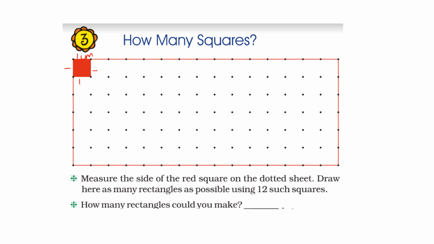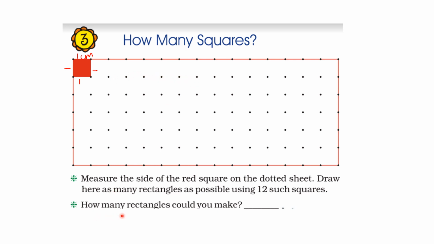Now, the next question is: draw as many rectangles as possible using 12 squares. So you have to draw on this dotted sheet as many rectangles as possible by using 12 squares like this. Is it clear?